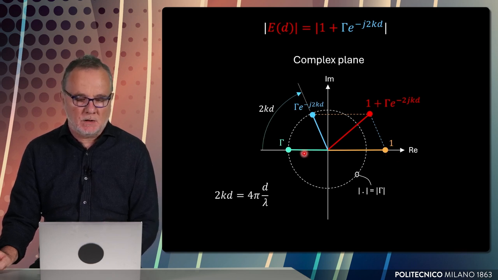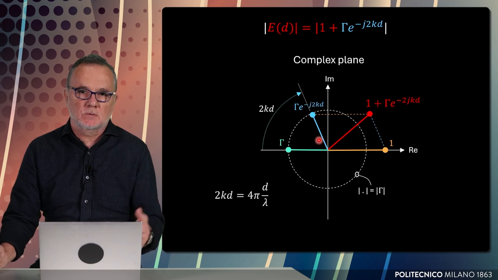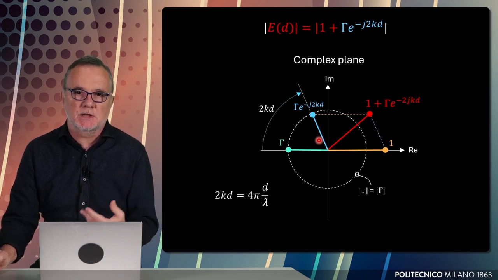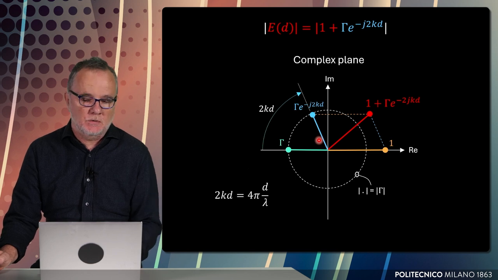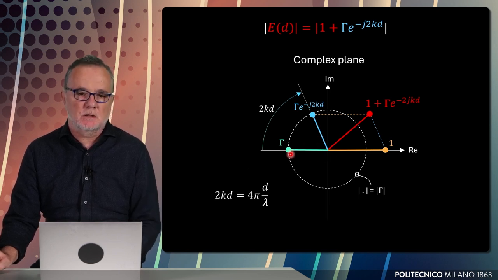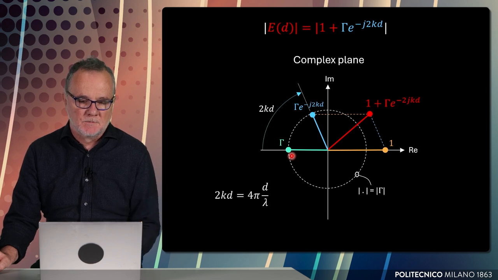Then we have our gamma. We don't know gamma, but let's suppose that it is real negative. Its amplitude is not larger than 1, we know it, so we have plotted it with this green dot and green arrow that starts from the origin and joins the value of gamma on the negative real axis. Then we also observe what happens as a result of moving along the d direction.